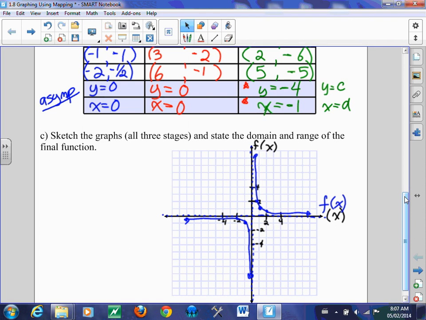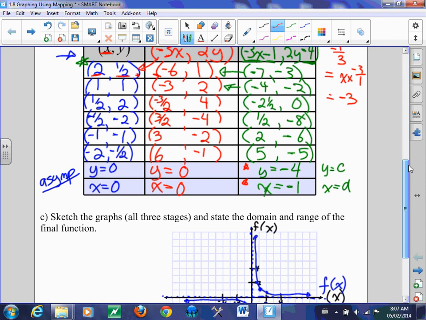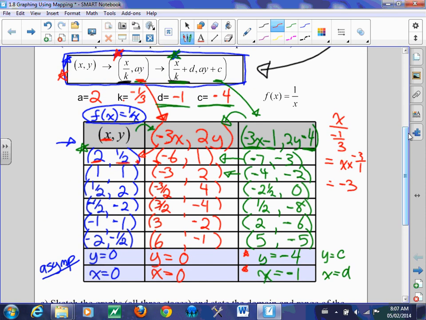All right. Stage 2, ladies and gentlemen, we applied stretch and compression. So let's just back up and ask what has actually happened here. We're affecting A, which tells us that if A is 2, we've got a vertical stretch of 2. But we also have K being negative 1/3. The negative tells me it's reflected in the y-axis.